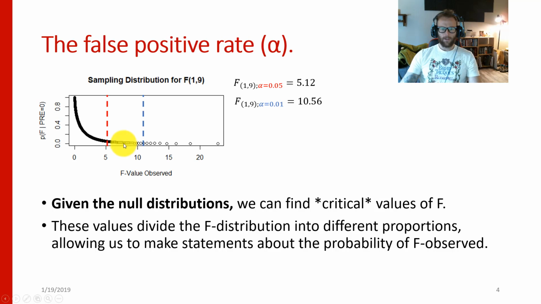So an F observed value of 7 in one case might be statistically interesting if alpha was 0.05, but if we were being more conservative and setting alpha to 0.01, then an F of 7 we wouldn't consider statistically interesting because it hasn't crossed our conservative threshold yet. And we're trying to be very careful about controlling our false positives if we set the alpha to 0.01.